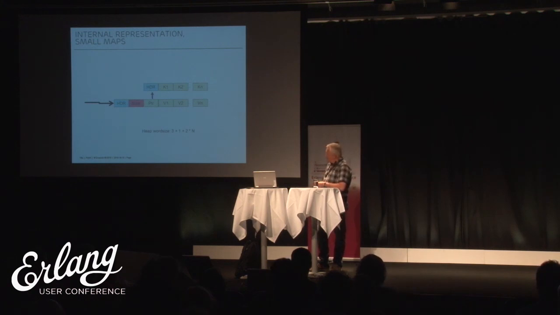This is then the representation for small maps, and we are discussing now if the break point for changing representation should go with 64 or 32. I think you will choose 64 keys for the break.